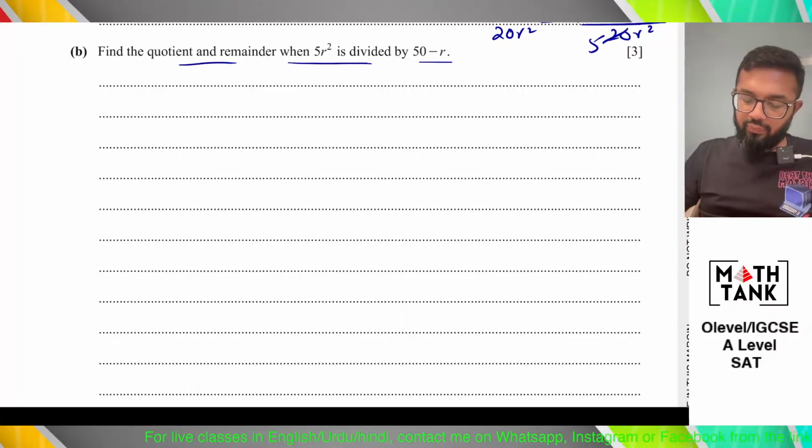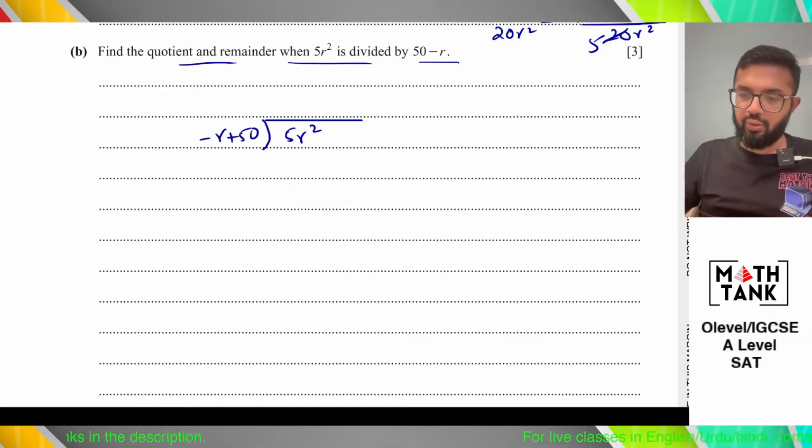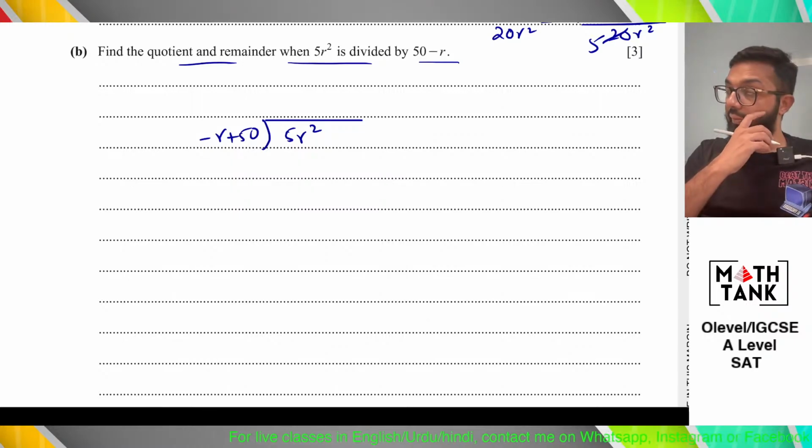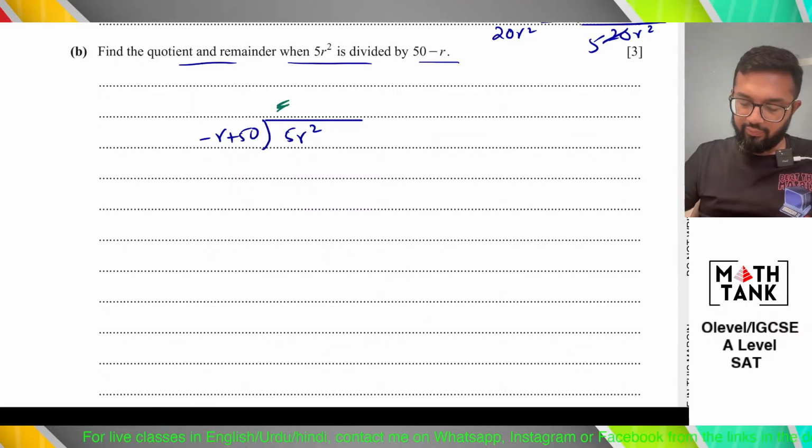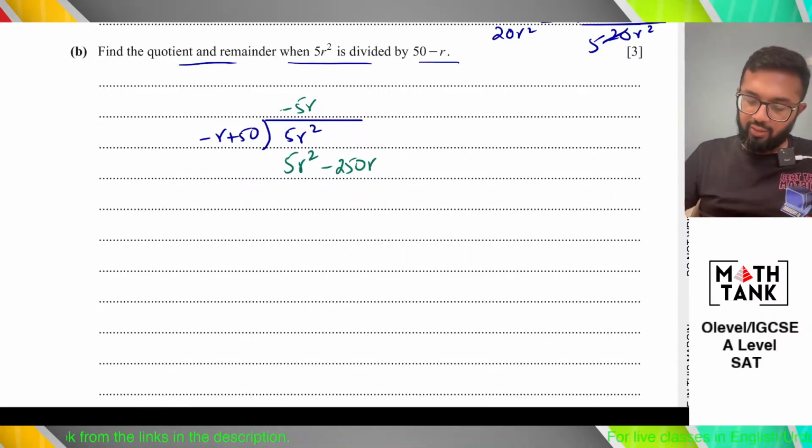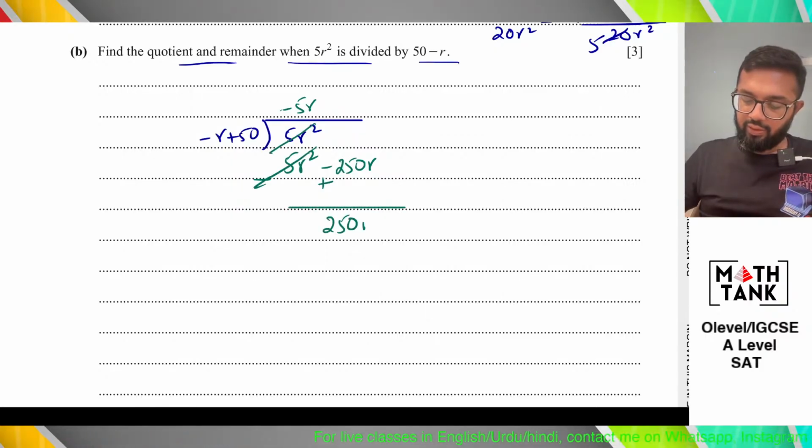Find the quotient and remainder when 5r squared is divided by 50 minus r. Okay, so for 5r squared, I'm going to write minus r plus 50 because you should have them in order. So minus r multiplied by minus 5r will give me my plus 5r squared and give me a complementary term that's minus 250r. I change the signs, get rid of that, and I'm left with 250r.